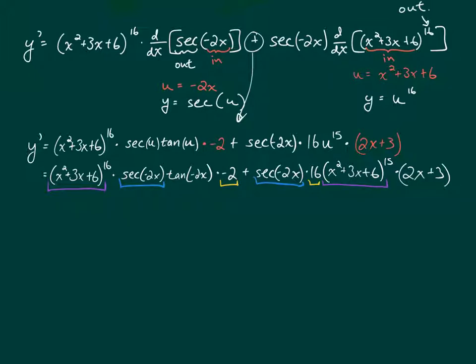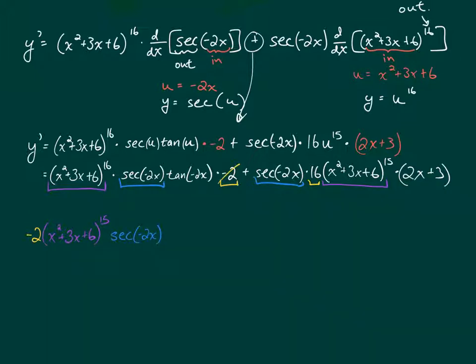Here we can common factor x squared plus 3x plus 6. We can common factor 15 of those out, because we have 15 in this term and 16 in this term, you can only take out the minimum number. We can common factor a secant of negative 2x out from each term. And like I said, we can common factor a negative 2. And I'm going to put that right up front.